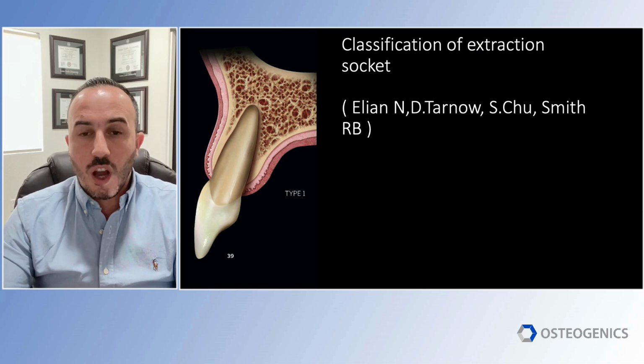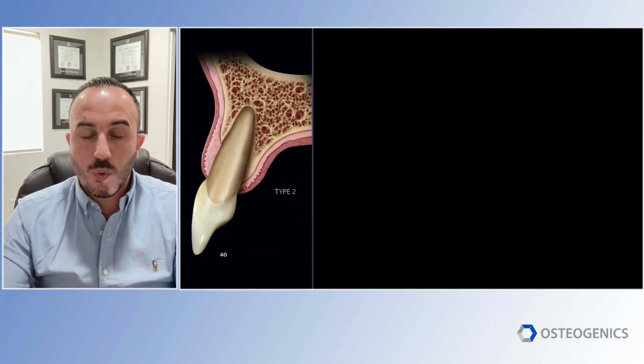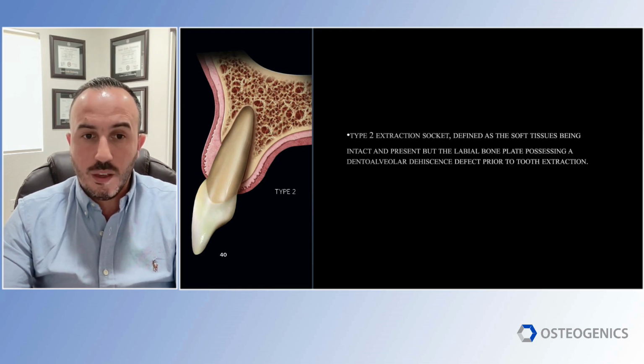Now, let's look at the sockets, and we want to know what type of sockets we're dealing with. In this classification by Elian and others, we have type 1, where the hard and soft tissue are where they need to be. Type 2 is when we have bony dehiscence, and the soft tissue is where it needs to be.